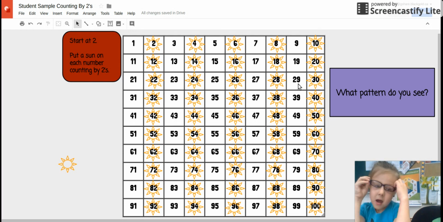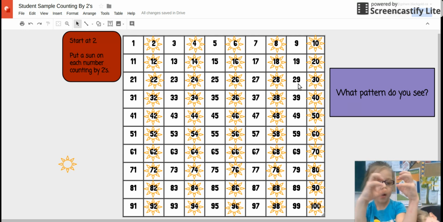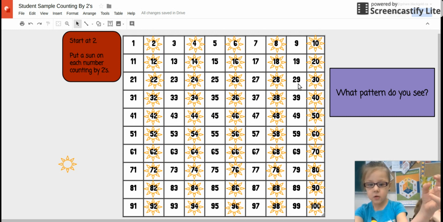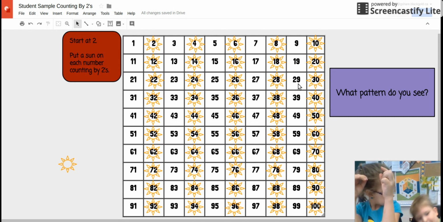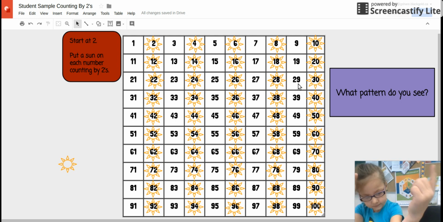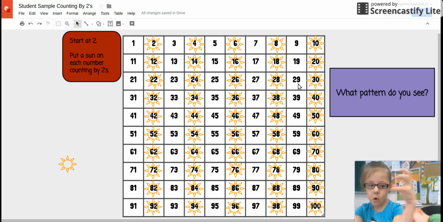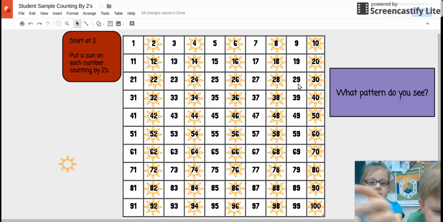But when I grew up to be older, I knew. How old are you now? 6. Oh, yeah. My brother's 9. So I knew that when I was older, I could understand patterns. Since I'm older now, I can understand patterns.